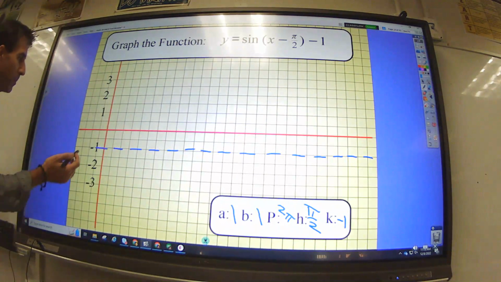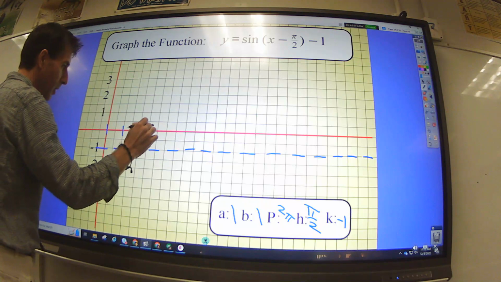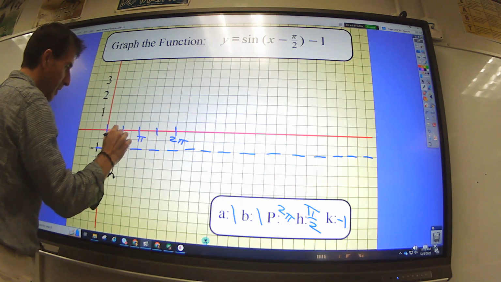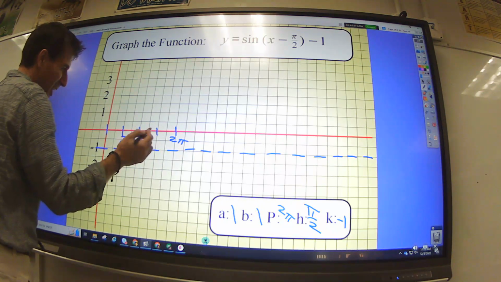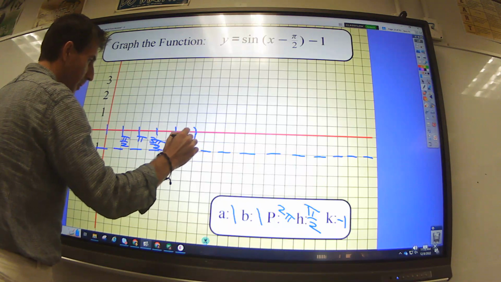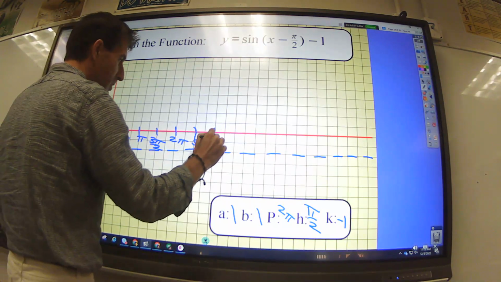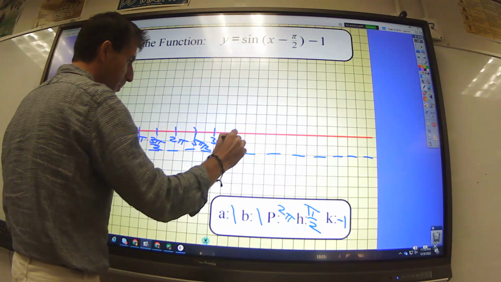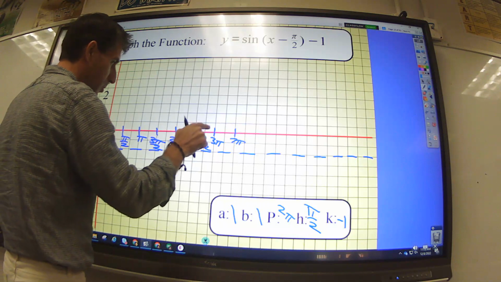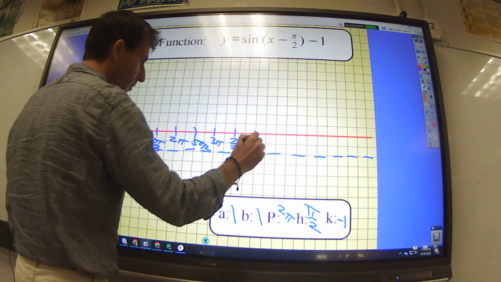And then let's do our scaling. 1, 2, 3, 4, 5, 2 pi. Pi over 2. Now this is a standard one, right? 3 pi over 2, but let's keep going. 4 pi over 2, 5 pi over 2, 6 pi over 2, 7 pi over 2, and then 8 pi over 2, which is 4 pi.